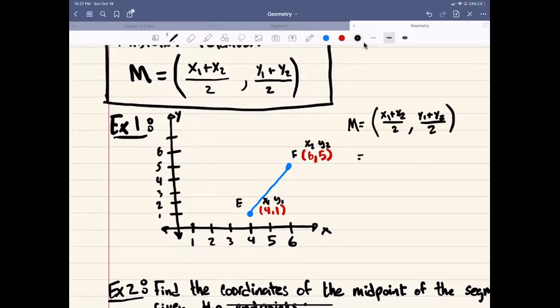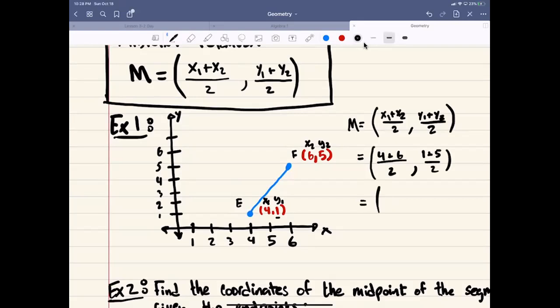We're just going to plug in our values: x1, which is 4, plus x2, which is 6, all over 2, and y1, which is 1, plus y2, which is 5, divided by 2.